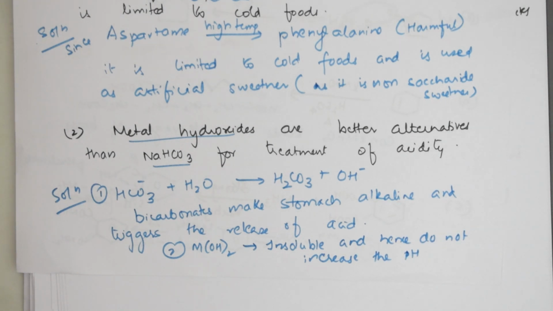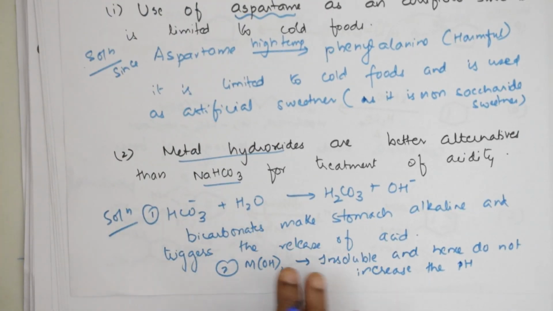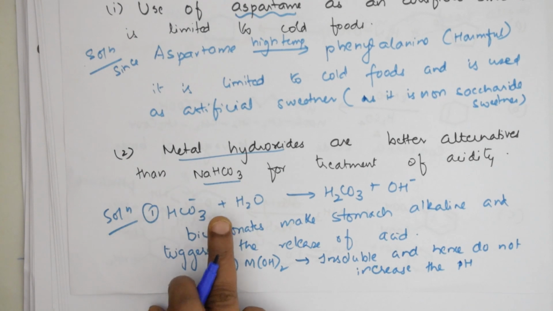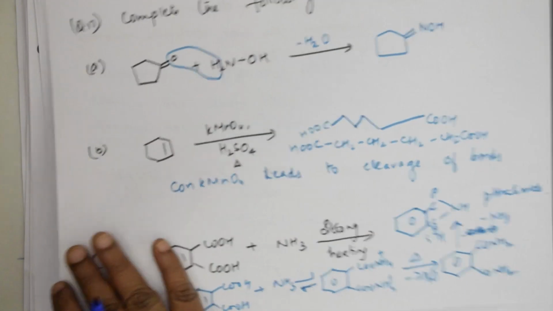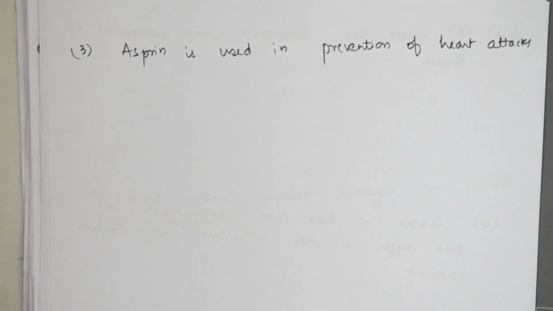It will maintain that pH. That's the reason we are using hydroxides, not bicarbonates, because bicarbonates will release OH minus here. That is how you are going to do it. Right, now these two questions are over. Let's see the next question which they've given us. Aspirin is used in the prevention of heart attacks.